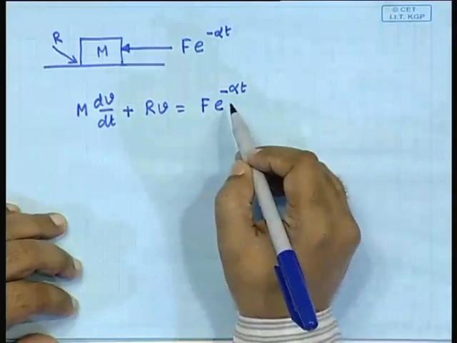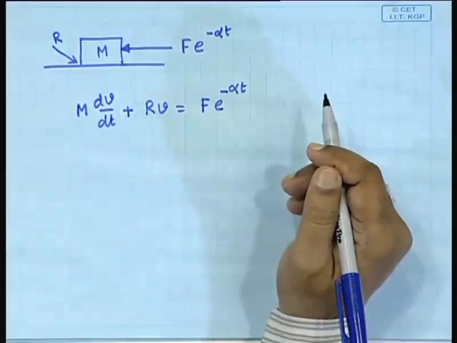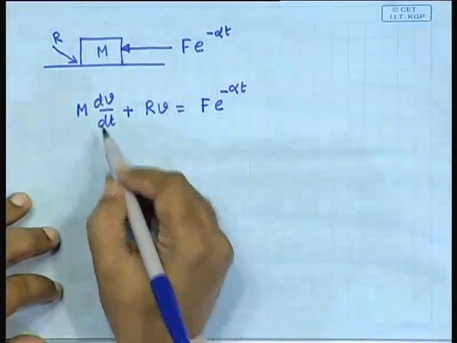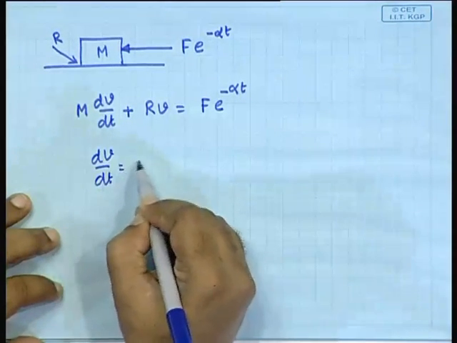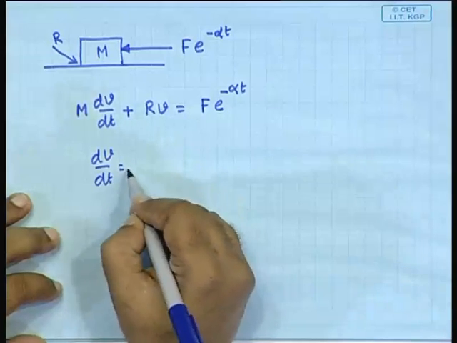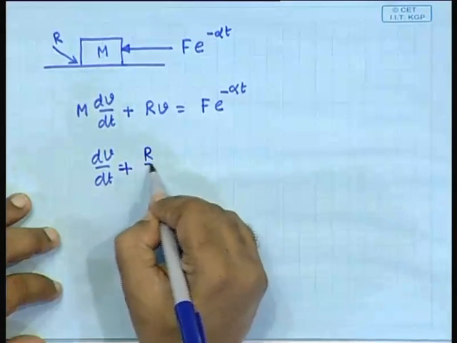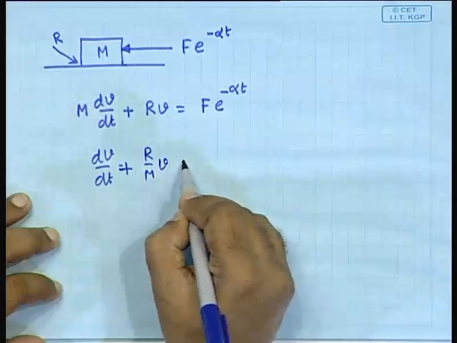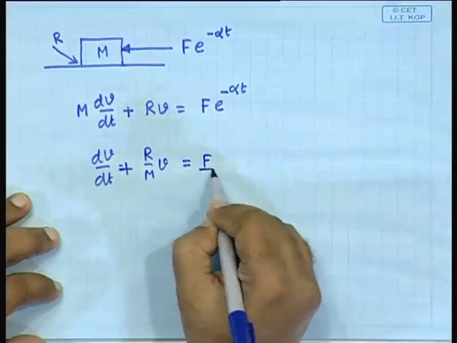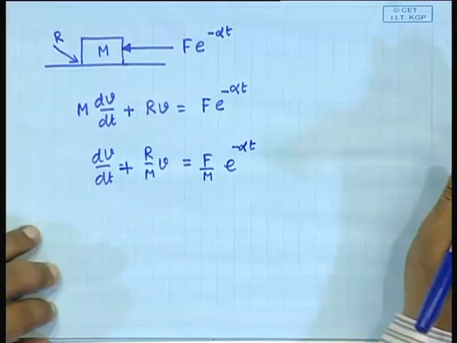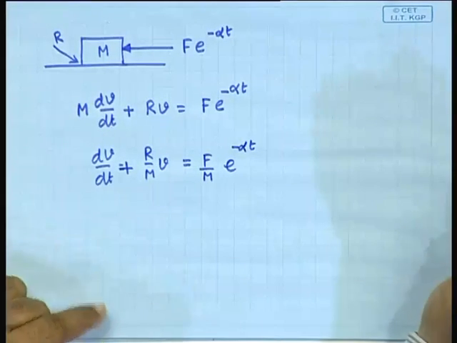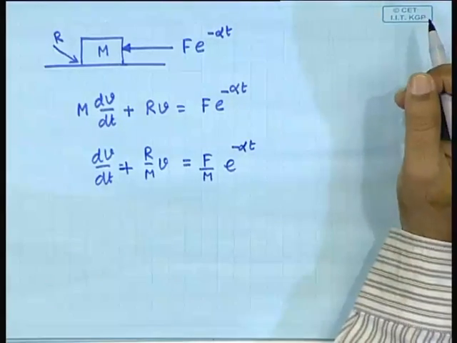So, that is the simple equation for this system, or if you write it properly, dv/dt plus r by m v is equal to f by m e to the power minus alpha t. Okay. Now, what can be a trial solution?